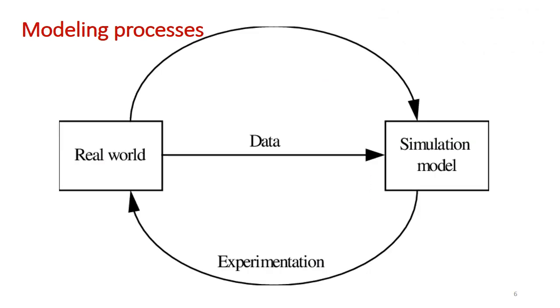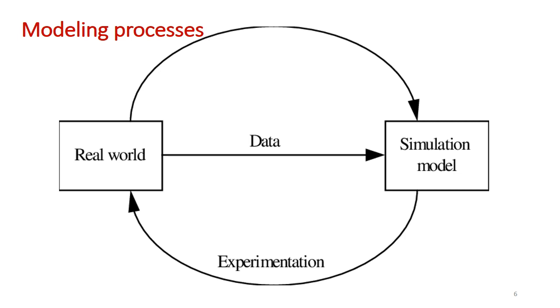Now let's move to the last part of this lecture, modeling processes. As we said, modeling can help us to understand real life situations. So in a simple way, in the modeling process we try to measure the factors that we are interested in in the real world. We collect the data, feed it into our model, and our model helps us to understand reality.